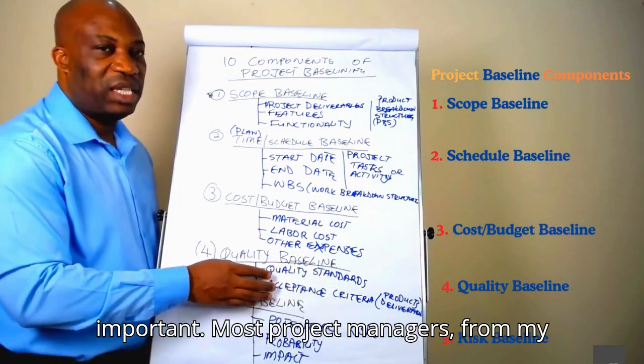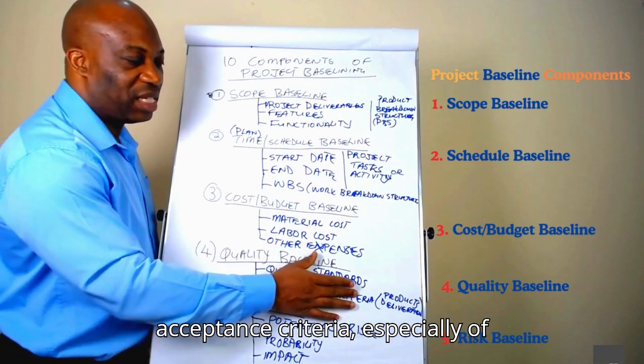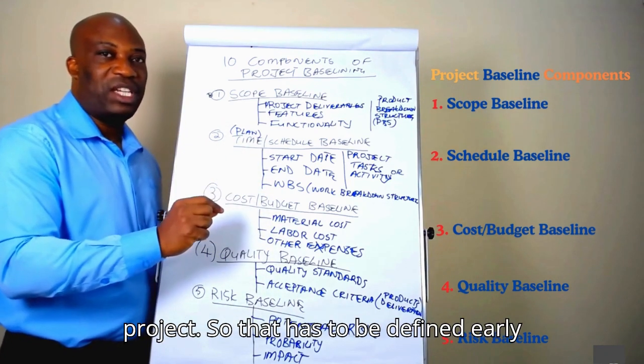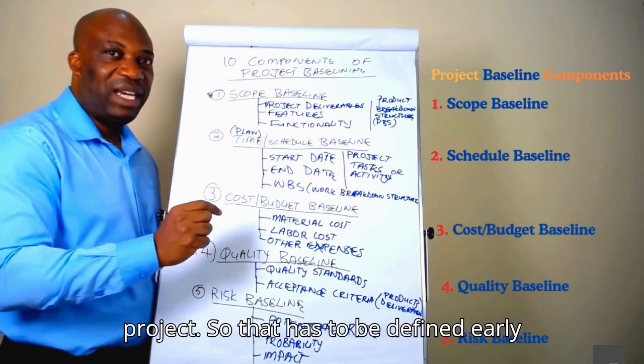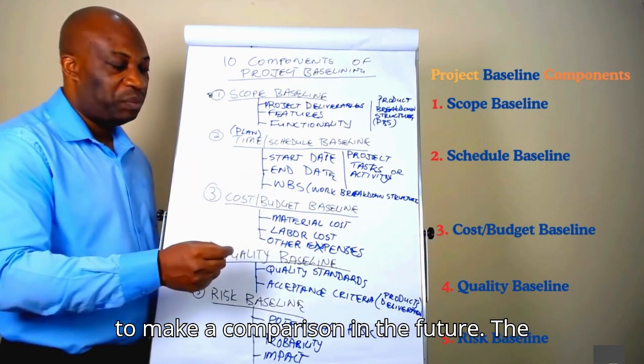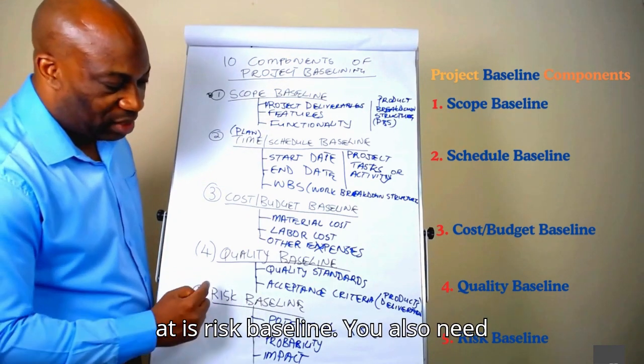This is very important. Most project managers, from my experience, they forget about the acceptance criteria, especially of deliverables or products from the project. So that has to be defined early and also baselined so that you are able to make a comparison in future. This fifth one we are looking at is risk baseline.